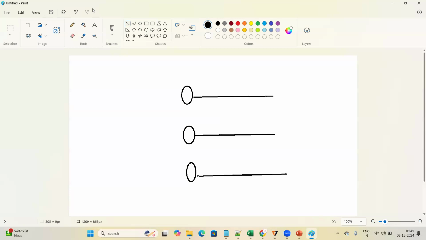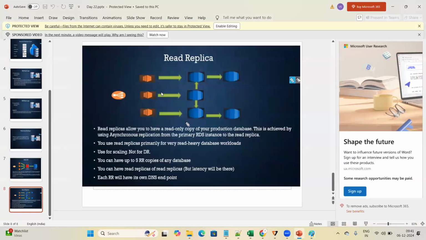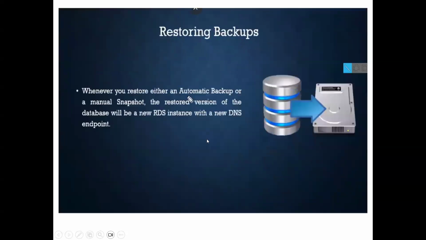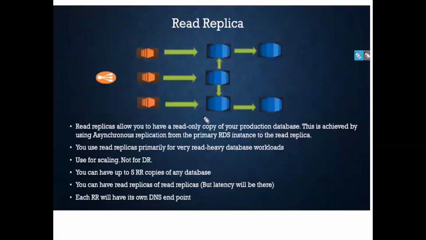Usually, how are we managing the databases? You can understand this from the diagram. There are some read replicas. The purpose of read replicas is this: whatever requests are coming to the database, most of them will be read operations only.